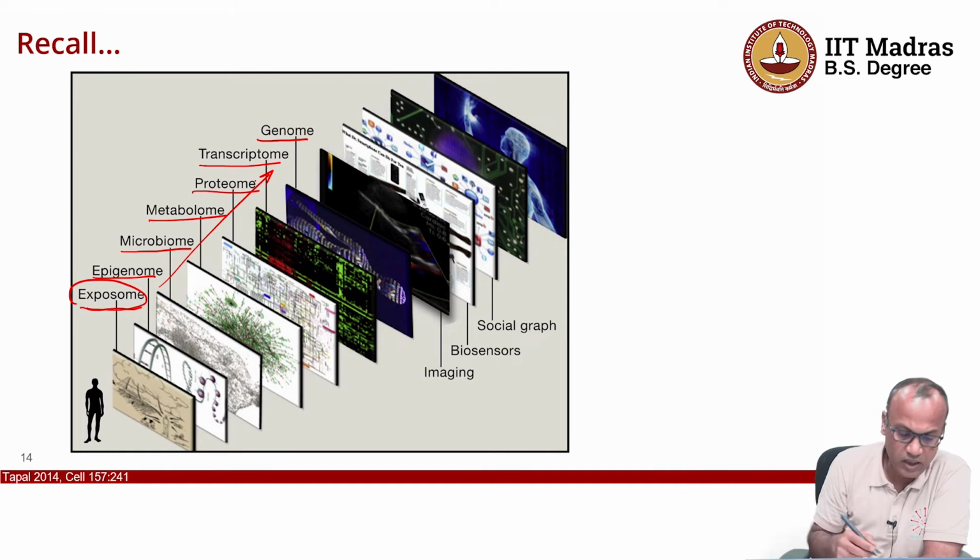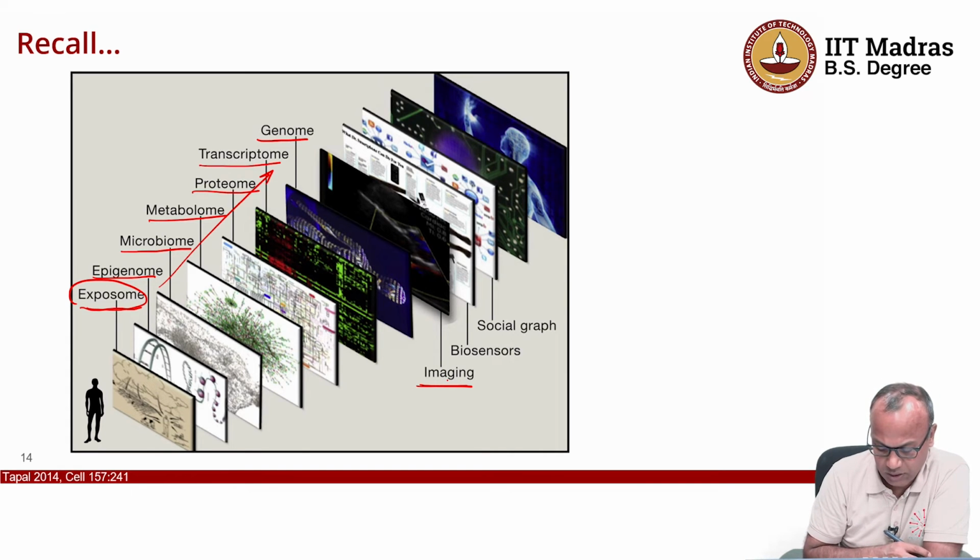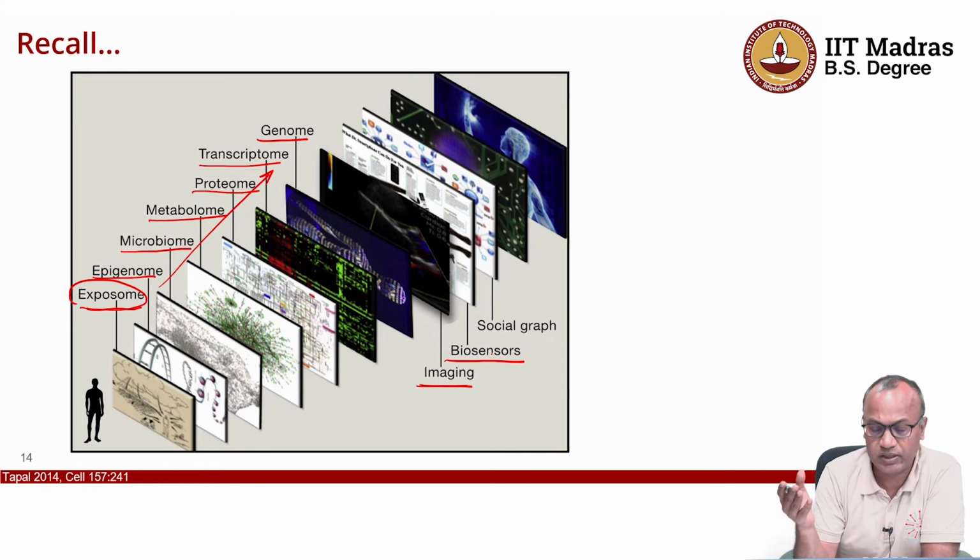And then in biological data analytics, something that we'll probably cover in some other courses is how imaging analysis is changing your diagnosis. Biosensors are upcoming. We have a lot of wearables that measure your heart rate, nowadays oxygen concentration and even temperature.